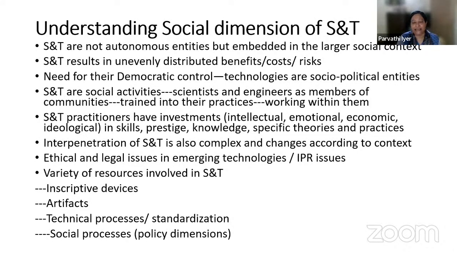And in the triple helix model, what we say is that government is actually helping industry and academia to come together for engaging in R&D. So there is this interpenetration of S&T.